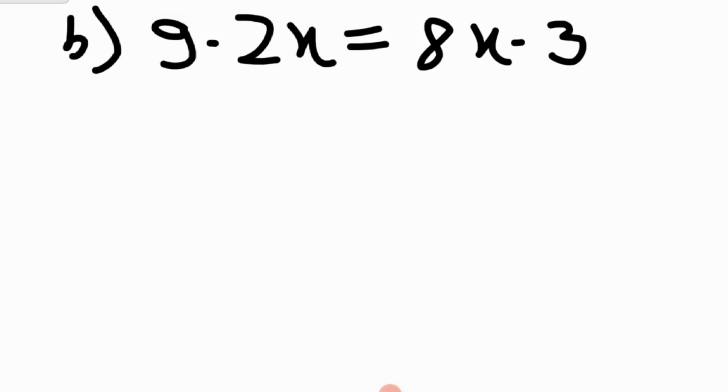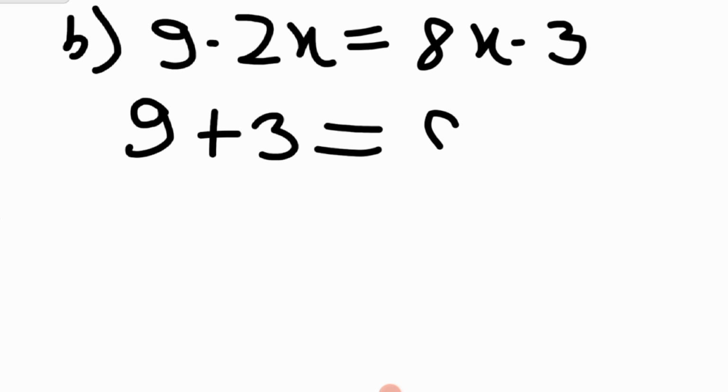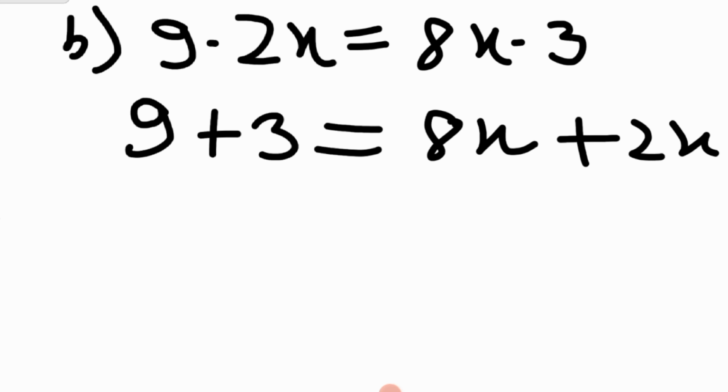So 9, we bring minus 3 from the right hand side to the left hand side, it gets plus 3, is equal to 8x, which is already on the right hand side. Then if we bring minus 2x to the right hand side, it gets plus 2x. After solving 9 plus 3, what do we get? 12 is equal to 8x plus 2x, which is equal to 10x.